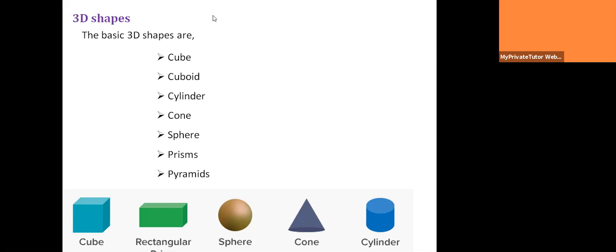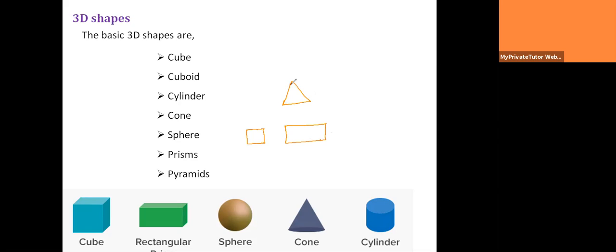For example, in a square-based prism, we have a square in the bottom, in the base. If it is a rectangular-based prism, we have a rectangle as a base. If it is a triangular-based prism, we have a triangular base.